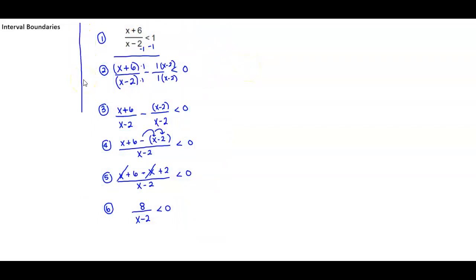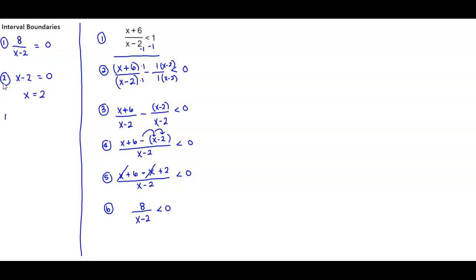We're going to take this rational expression, 8 over x minus 2, and set it equal to 0. Well, the numerator does not contain a variable. So the only interval boundary is going to be what we have in the denominator, x minus 2. We're going to set that equal to 0, and therefore, x is going to equal 2.